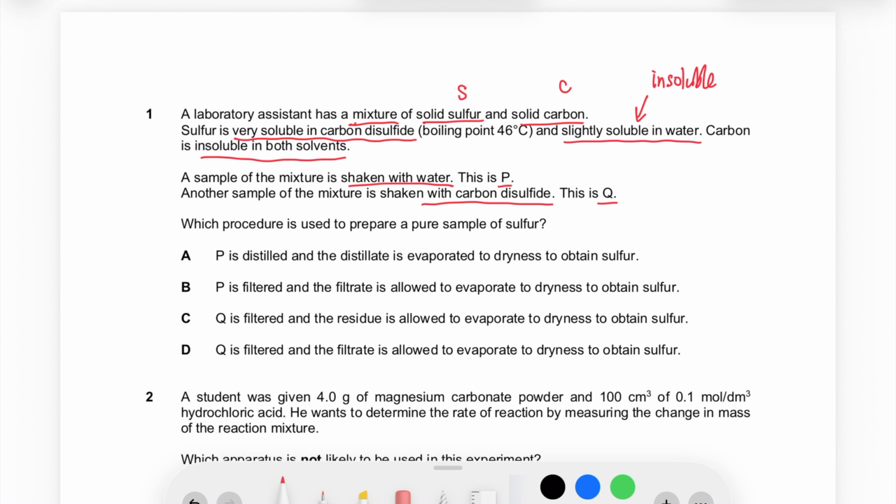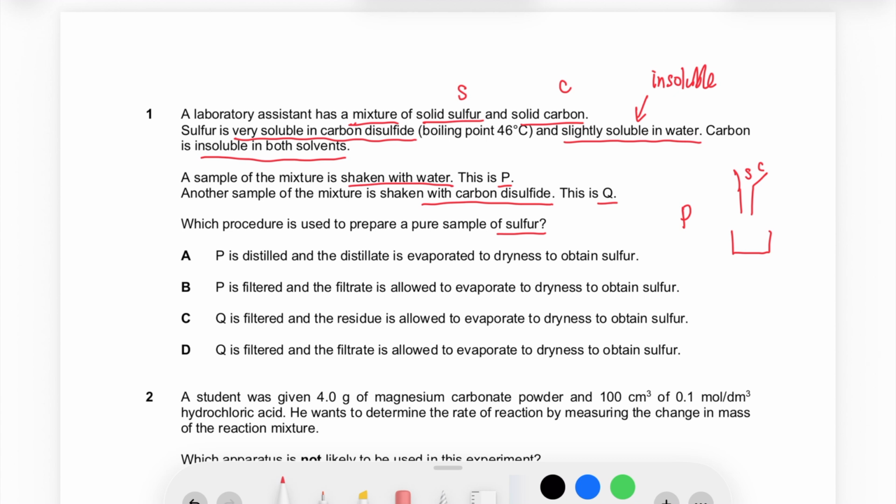Which procedure is used to prepare a pure sample of sulfur? If it's in P, you are using water. So you have your filter funnel and then your beaker at the bottom. In water, sulfur is insoluble, so sulfur will exist as a residue, and carbon is insoluble also.